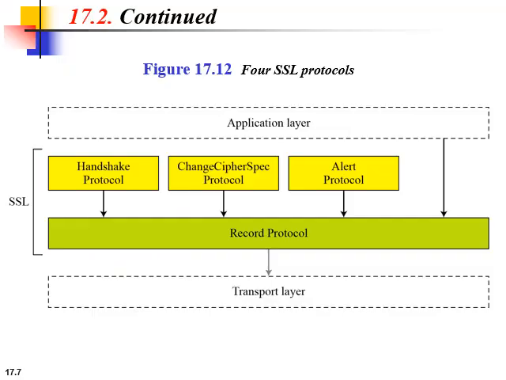Moving on, this is a diagram which shows how all these protocols are arranged between the application layer and the transport layer. First the handshake protocol comes into the picture, then the change cipher specification protocol, the alert protocol, and then the record protocol.